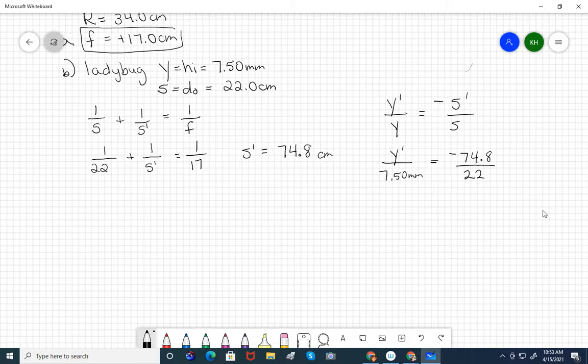So if I solve this, 7.5 times 74.8 divided by 22, I get that y prime is negative 25.5 millimeters.